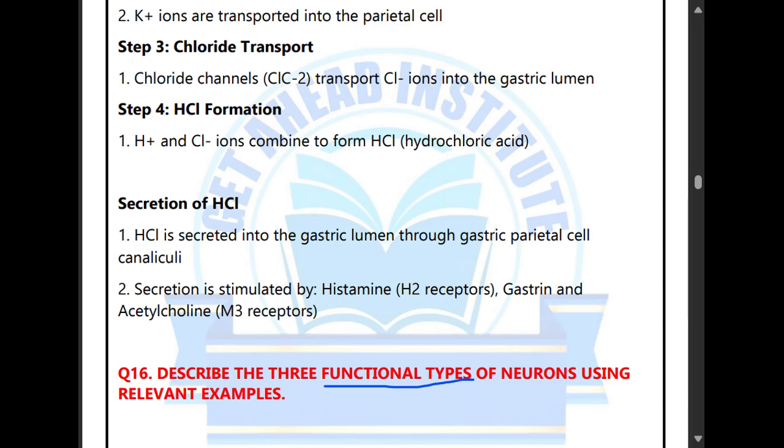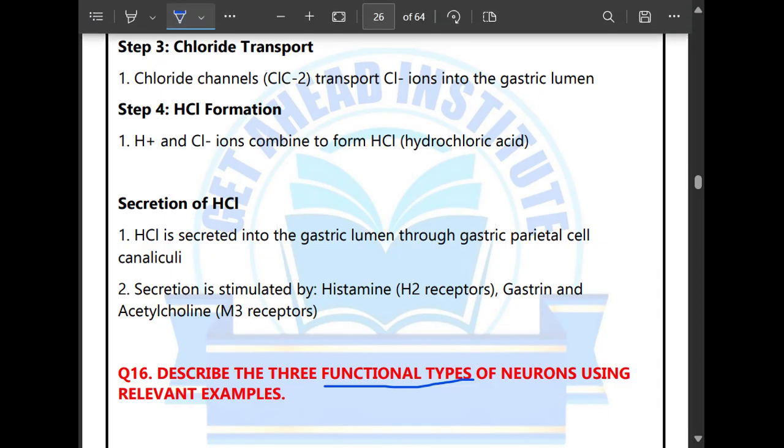Three functional types of neurons. Anyone to give us the three?